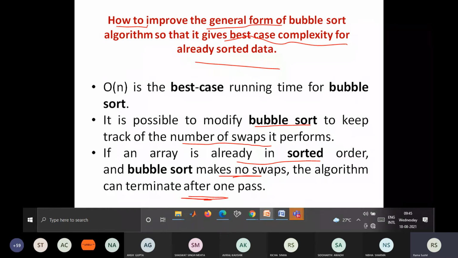And if there is one pass, then the double loop is working like a single loop, and a single loop in terms of complexity is of order n. So instead of order n square, you have come up with the complexity of order n by avoiding the extra comparisons.